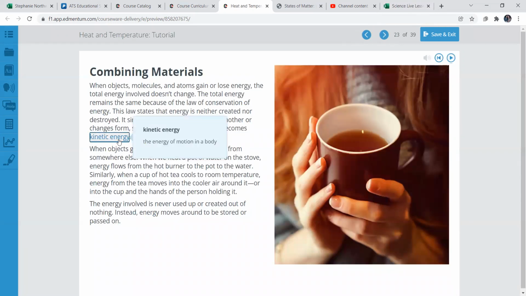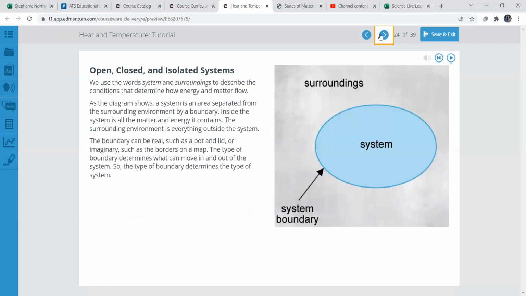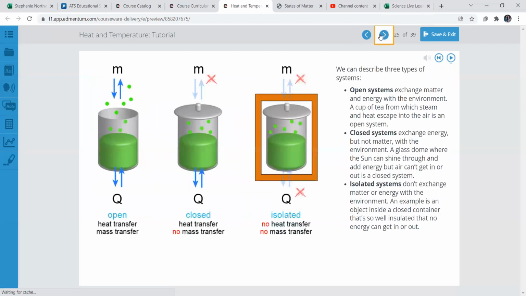Okay, kinetic energy: energy of motion in a body. Open, closed, and isolated just shows heat transfer, mass transfer. Closed would be heat transfer, no mass transfer. Isolated would be no heat transfer, no mass transfer.